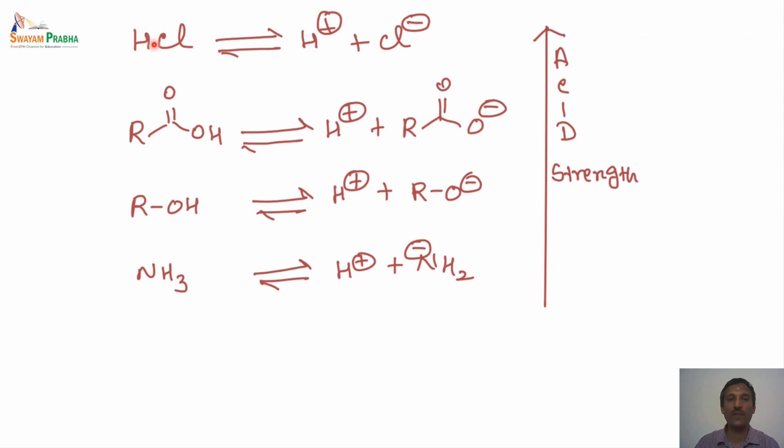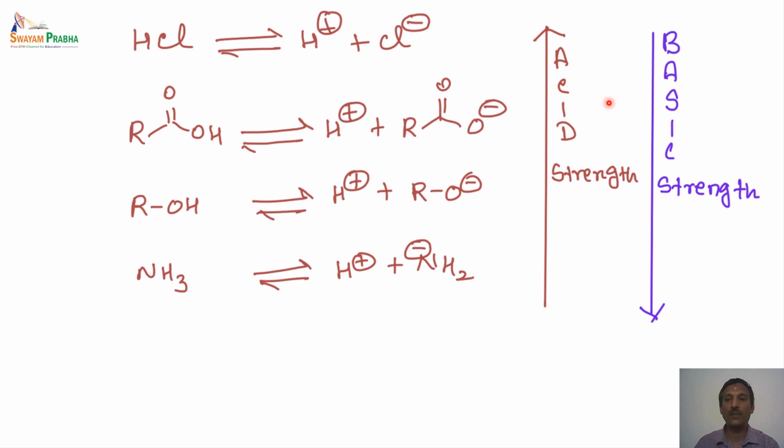In other words, it can very easily give out H plus ions, whereas carboxylic acid has a lesser tendency to lose the H plus ion compared to HCl. This is a mineral acid, or inorganic acid. Generally, many of the inorganic acids have much higher acid strength compared to carboxylic acids.